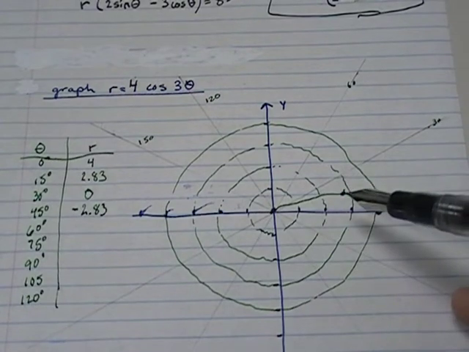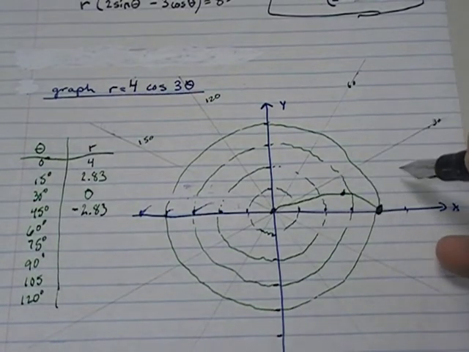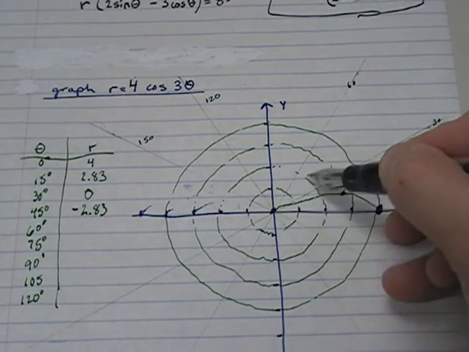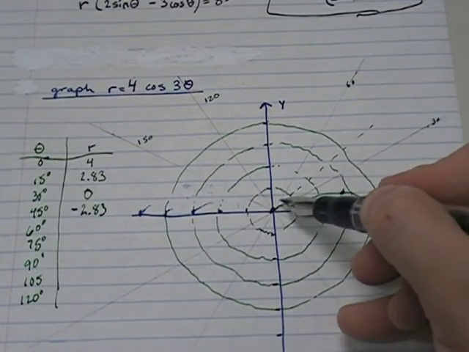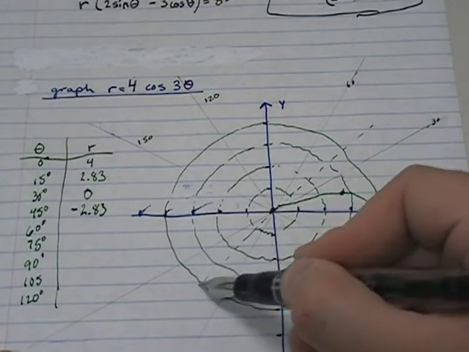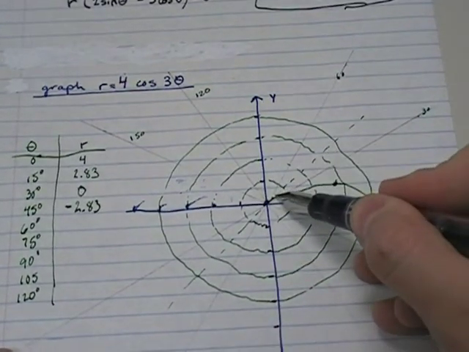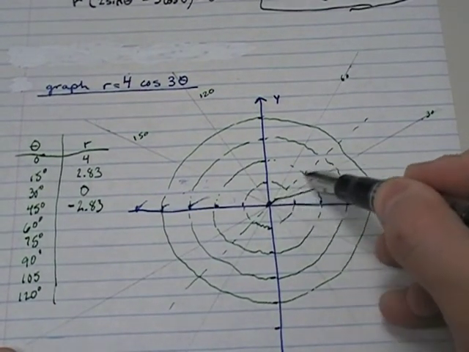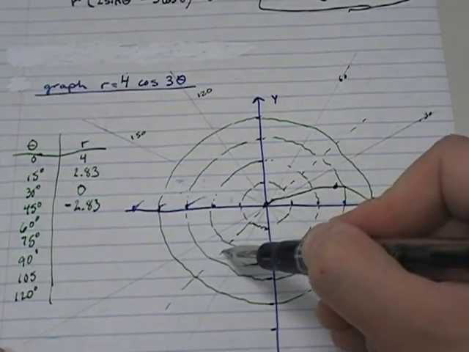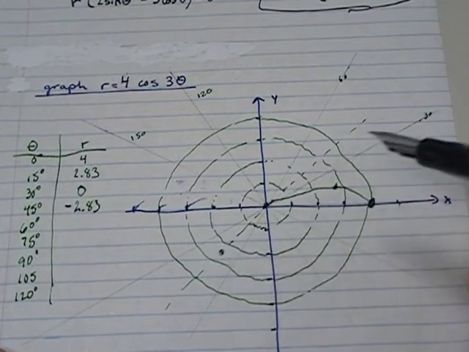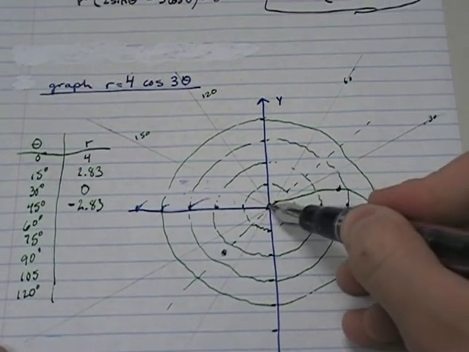Okay, so what we're going to do is we're going to go on a 45 degree line, which is halfway between 30 and 60. So here's an imaginary 45 degree line, and that 45 degree line goes into both quadrants. And instead of going 2.83 this way, because r is negative, we're going to go 2.83 this way. So we're going to stop just short of the 3 mark there. And that is our third point.